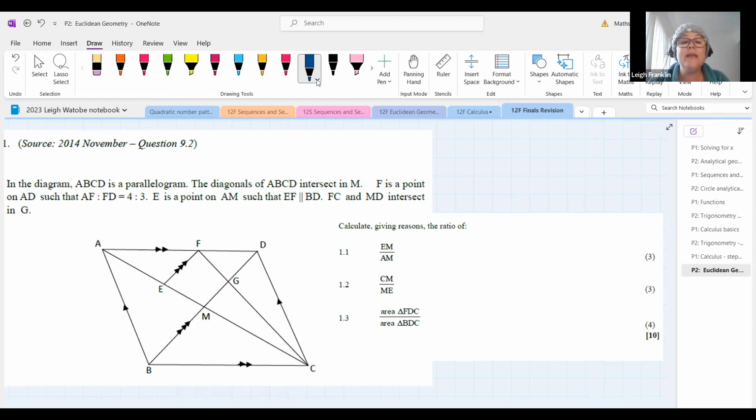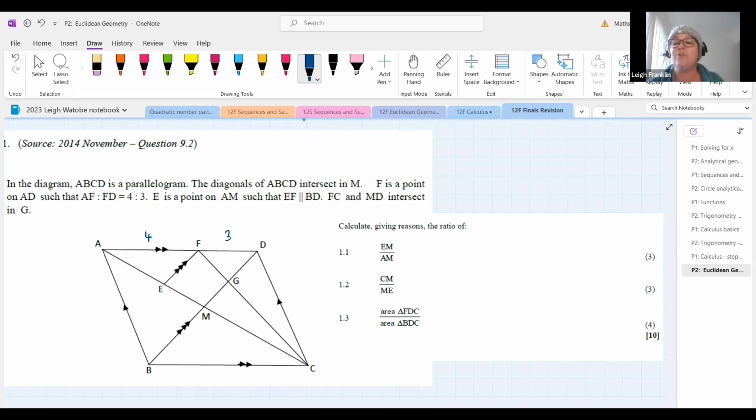All right, so what we can definitely do is put our ratio AF is to FD is 4:3 onto the diagram. And of course, we can see here we've got a line drawn parallel to the third side of a triangle. So it would be possible for us to work inside triangle AMD and apply the proportionality intercept theorem.